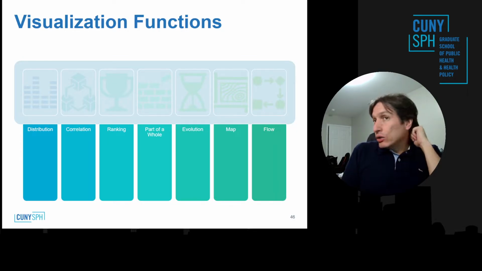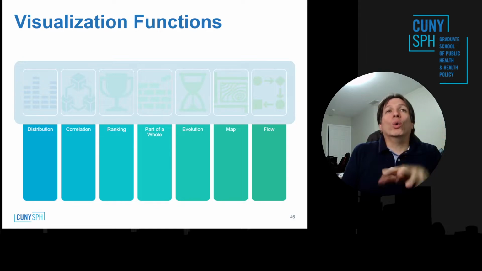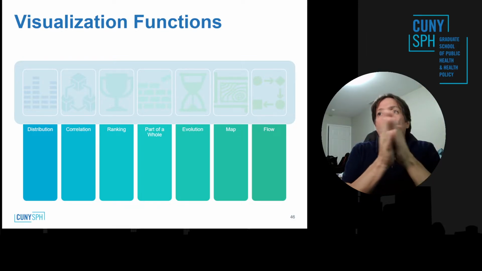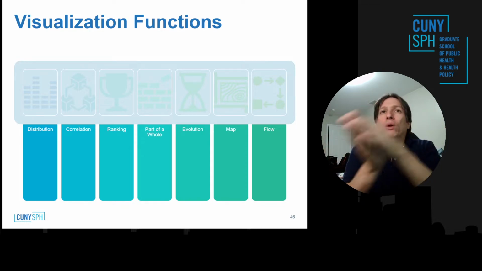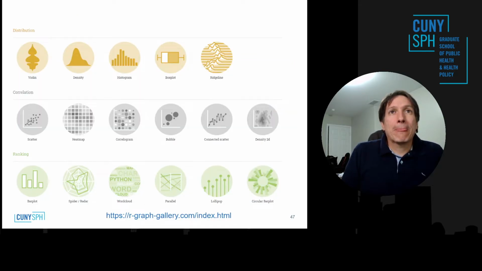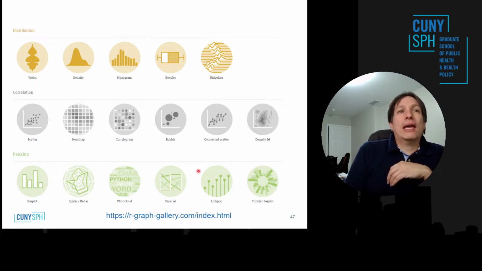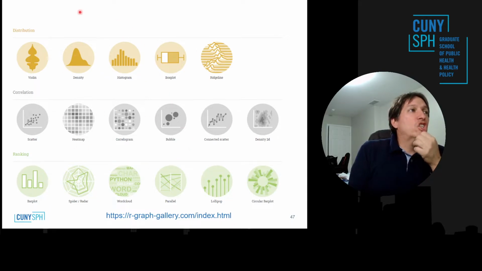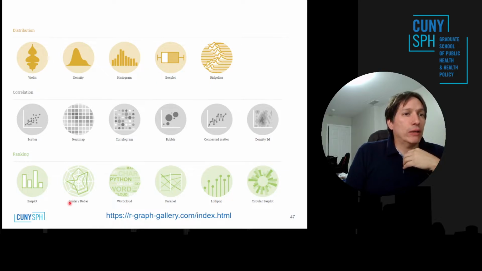And we can also see how things flow, or how elements move from one category to another category. And this is another example of charts that we can have, and you can find them on rgraphgallery.com/index.html.